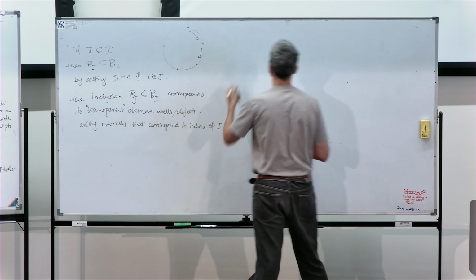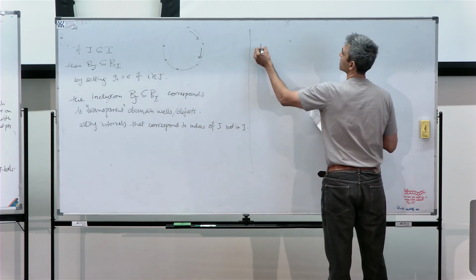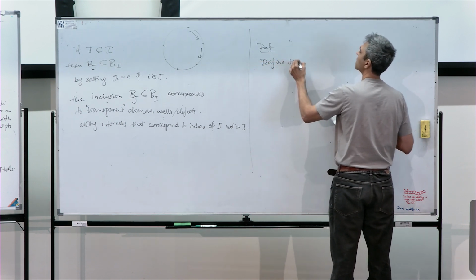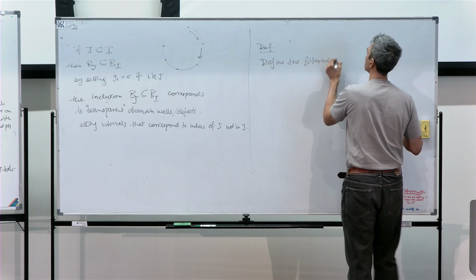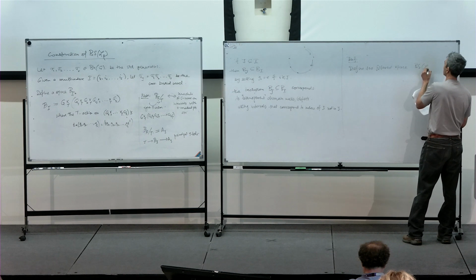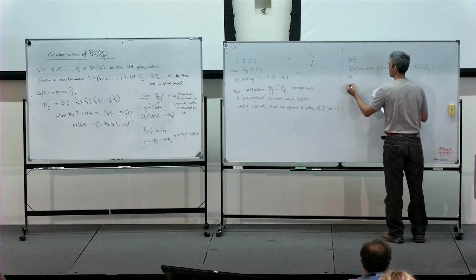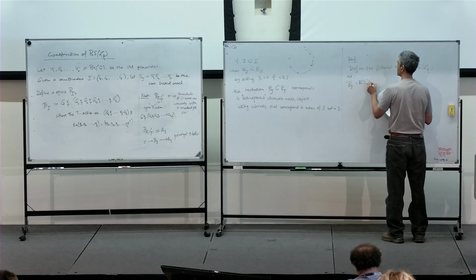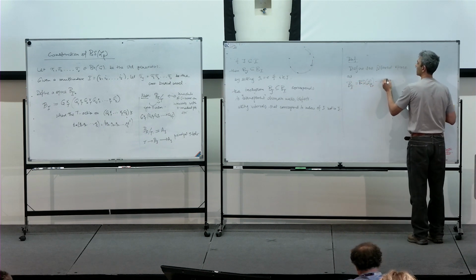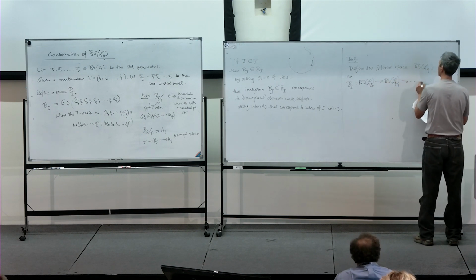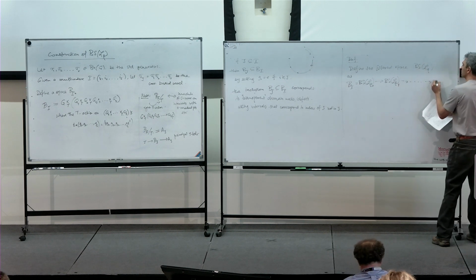Okay, so here's my space. Definition: define the filtered space B^S as follows. B sub I is going to be the beginning space. Then I'm going to have B^S L beta 1. So this is the zeroth filtration, first filtration, all the way up to the S-th filtration.